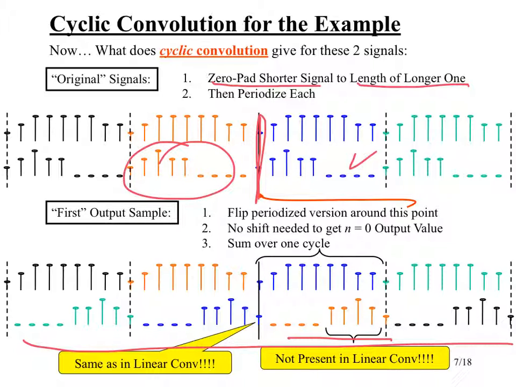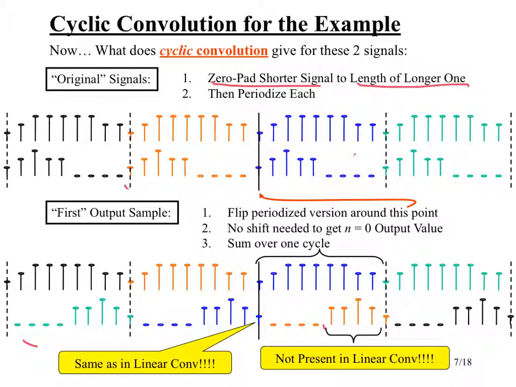Notice that it interacts with some of the blue ones. That stuff was not present in my flip for regular convolution, so now we have something new here that didn't show up. And so we're starting to see why circular convolution is not equal to regular convolution, or at least one aspect of it.